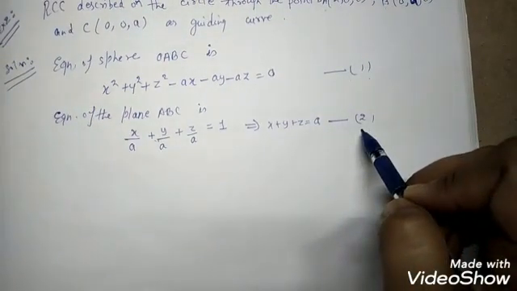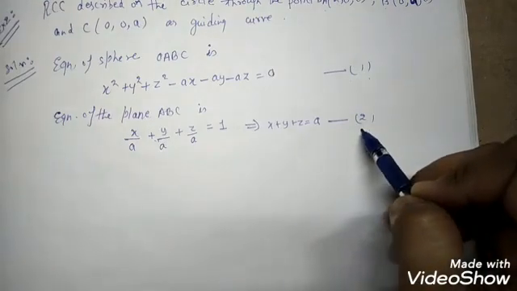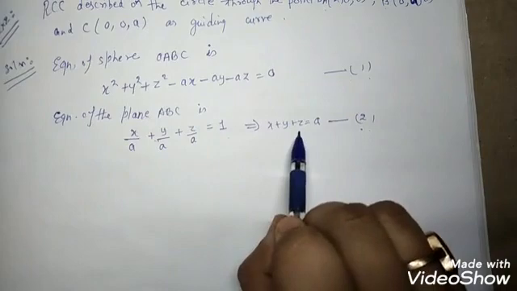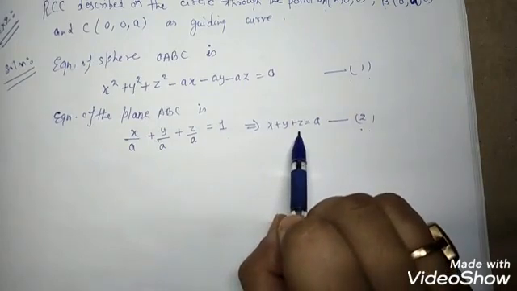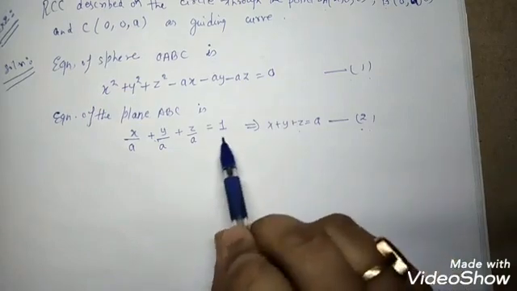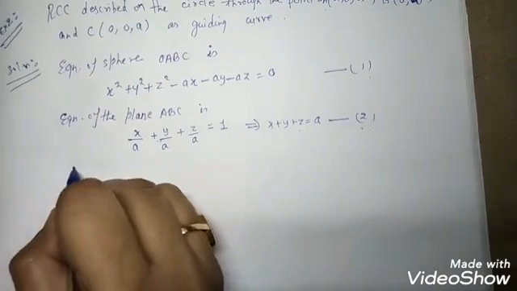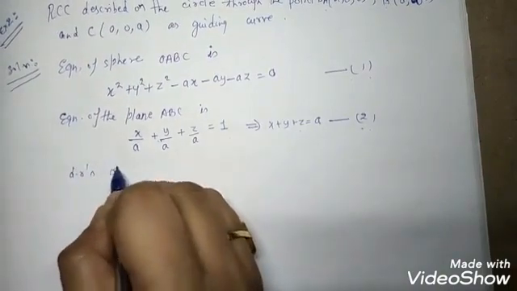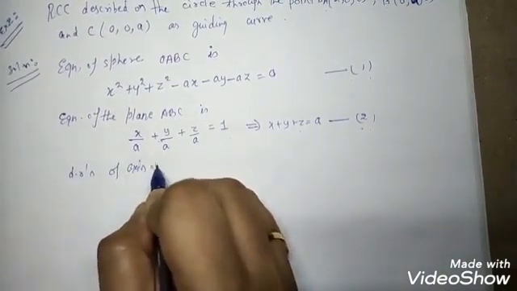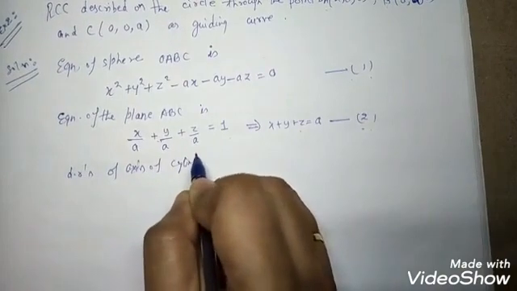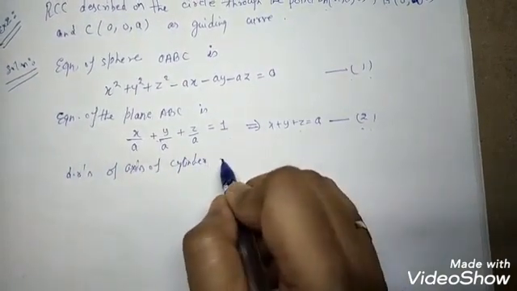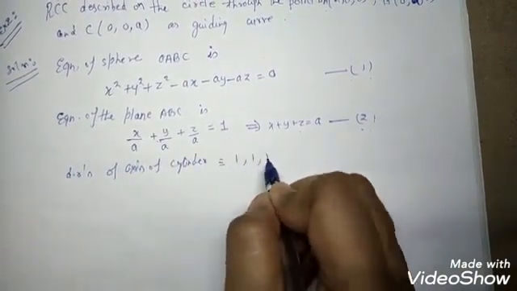Now since the cylinder is a right circular cylinder, the axis of the cylinder will be perpendicular to the plane of the circle, and thus the direction ratios of the axis of the cylinder will be 1 1 1.